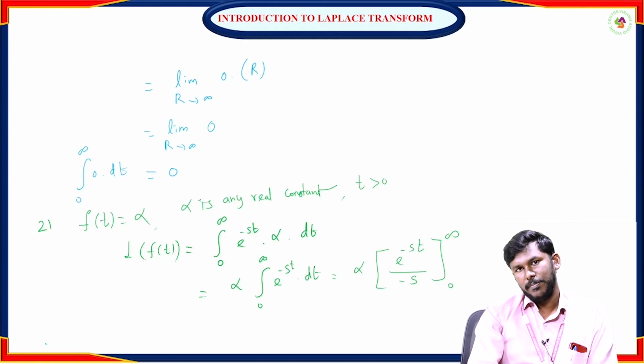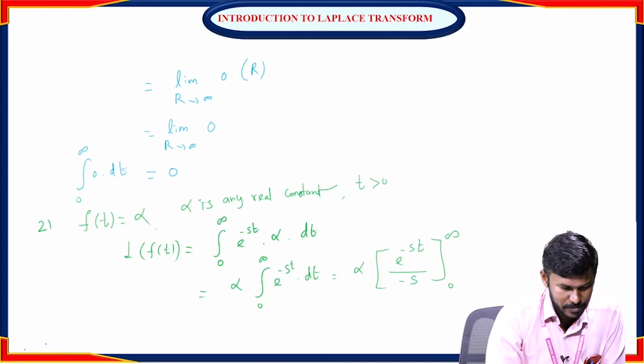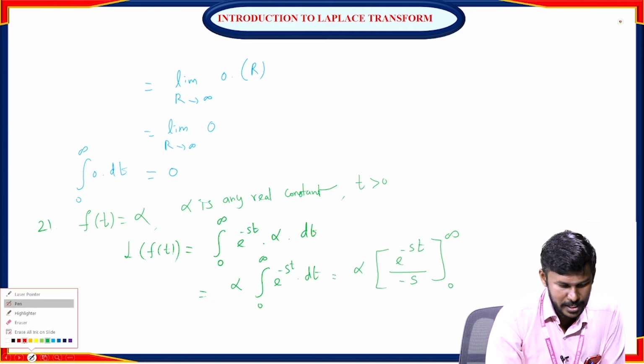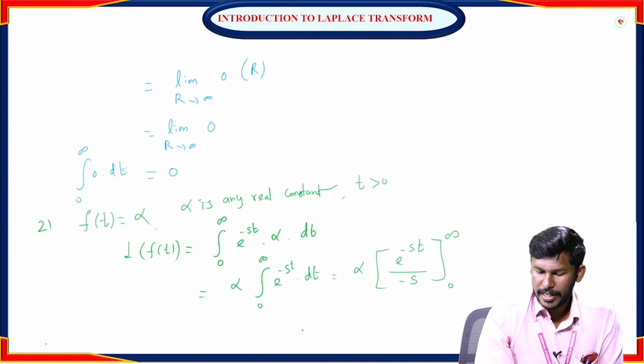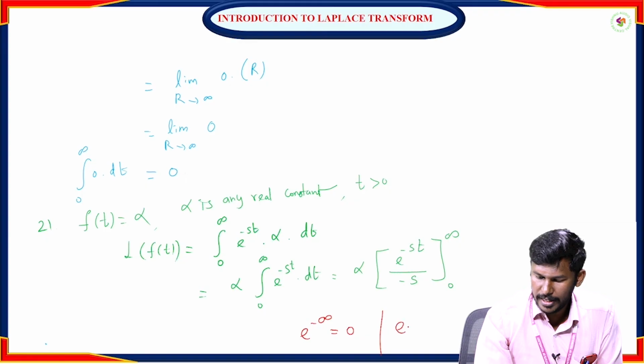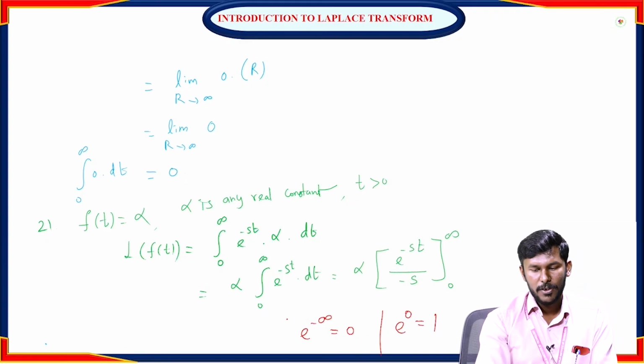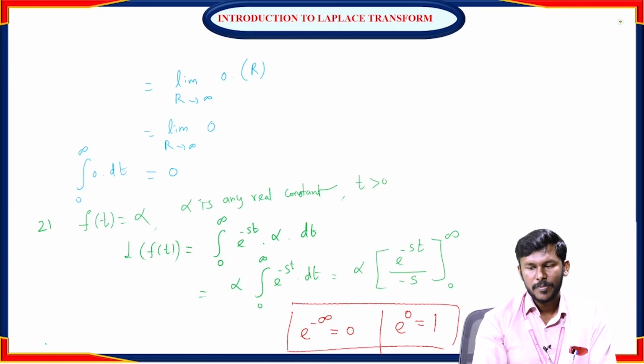When you are applying the limits, you have to be very careful. We already know that e power minus infinity is 0 and e power 0 is 1. Okay, this is well known for us. So now we have to apply the limits there.